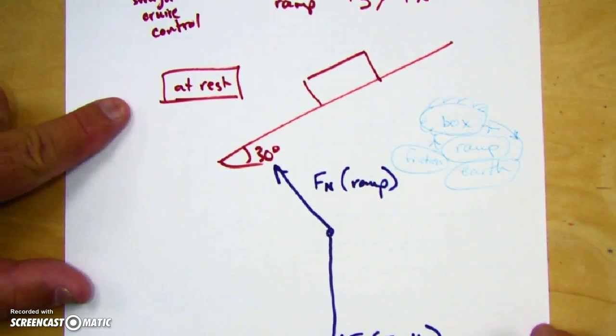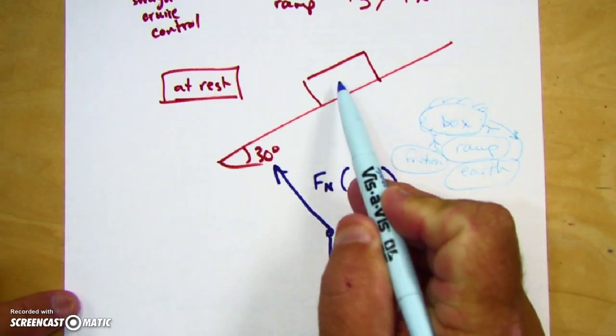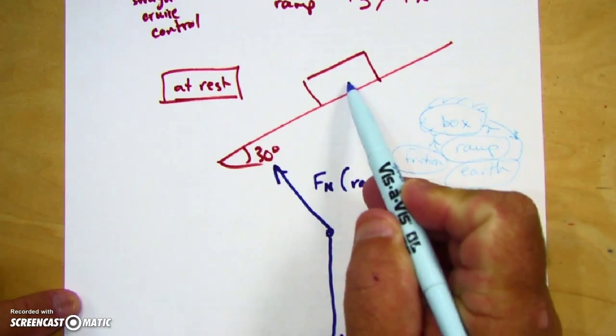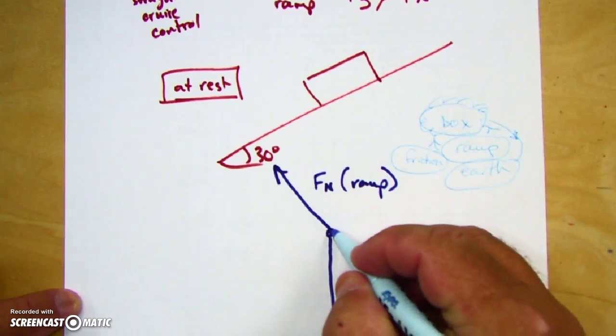Now, the fact that they told me it's at rest also gives me one more piece of information: the fact that those forces have to be balanced. What that means is there's a force acting that's going to oppose motion. This object naturally is going to try and slide down the ramp, so therefore friction has to be directed up the ramp.